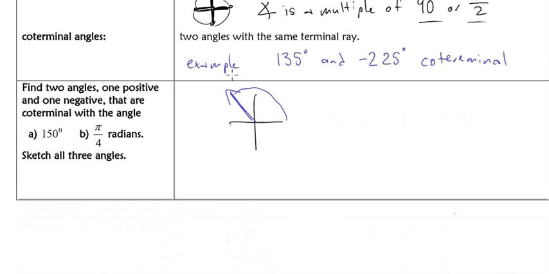When it's a positive value, you go counterclockwise, and when it's a negative value, you go clockwise. Now, if you went around negative 225 degrees, you would end up at the exact same place, with the exact same terminal ray. And so that's what this question is asking us.